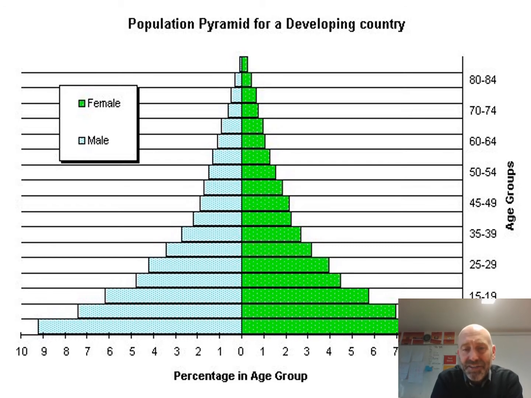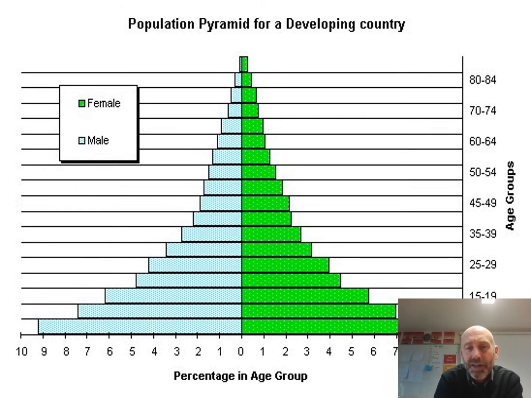But we can see that it has a very wide base and a very narrow top, and it's almost a pyramid shape. This shows us some specific things. It shows that the birth rate in this particular country is high, so there are lots of children being born. But we're seeing that the numbers of children then decrease quite rapidly. As you move up each section, it goes down quite a lot, which is leading to the pyramid shape.